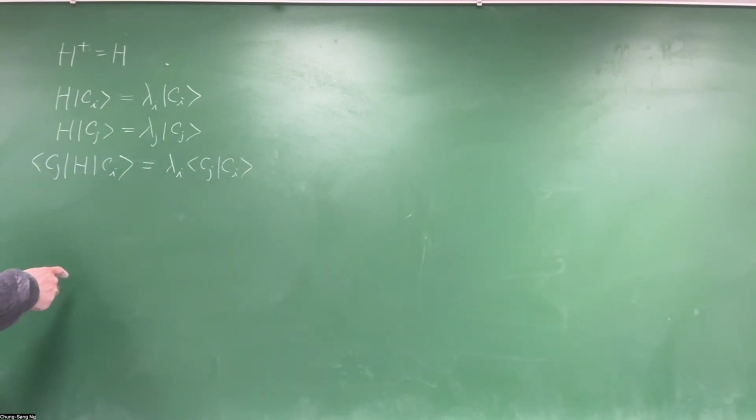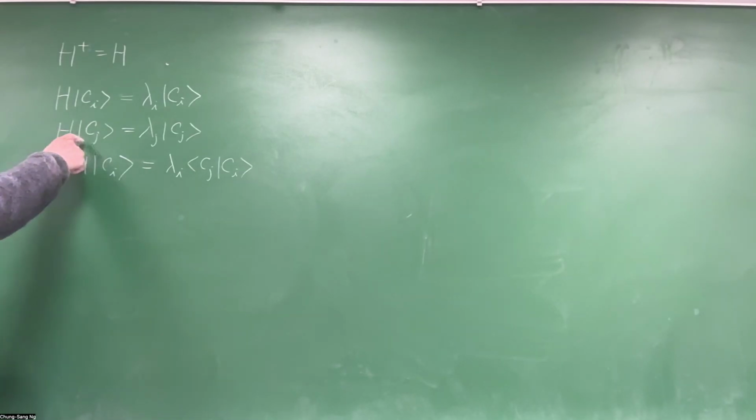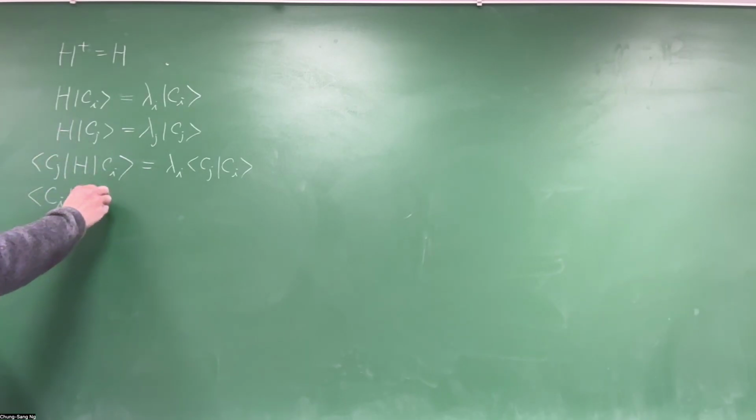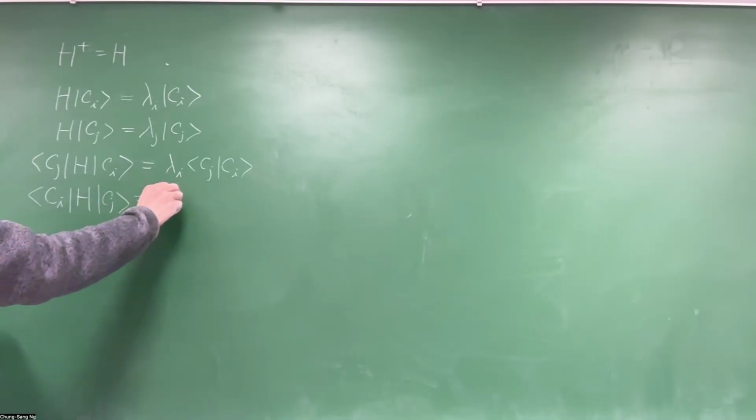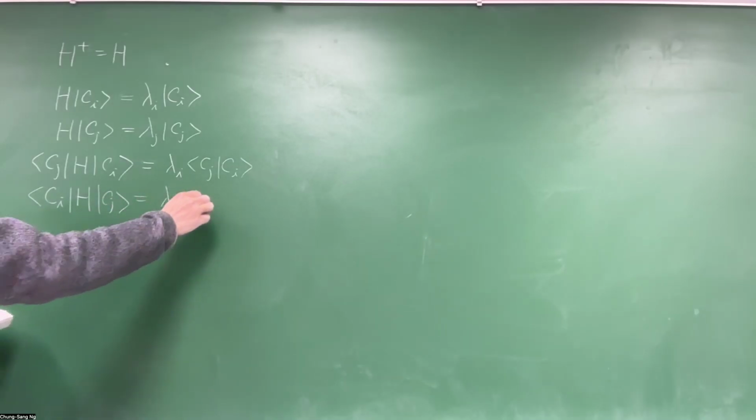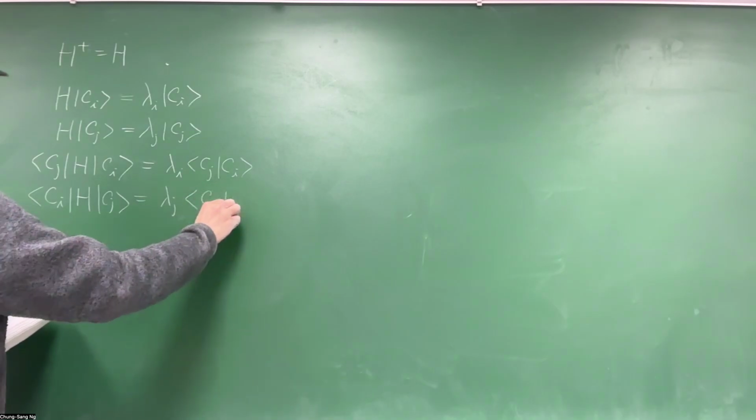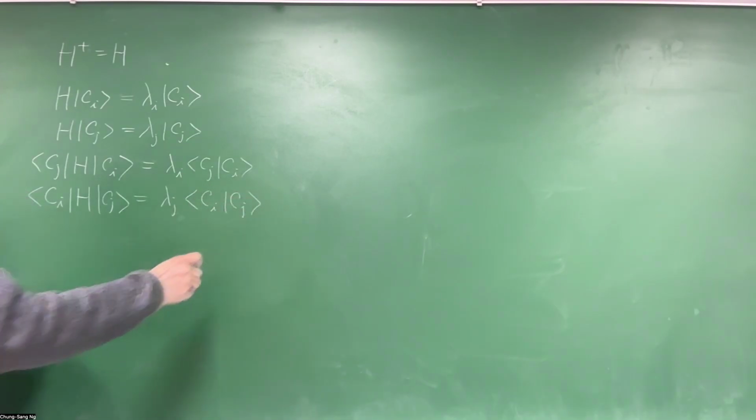And then we'll do the same thing for the second equation, but doing the scalar product C sub i, H, and C sub j, which using the second equation becomes lambda j and C sub i, C sub j.